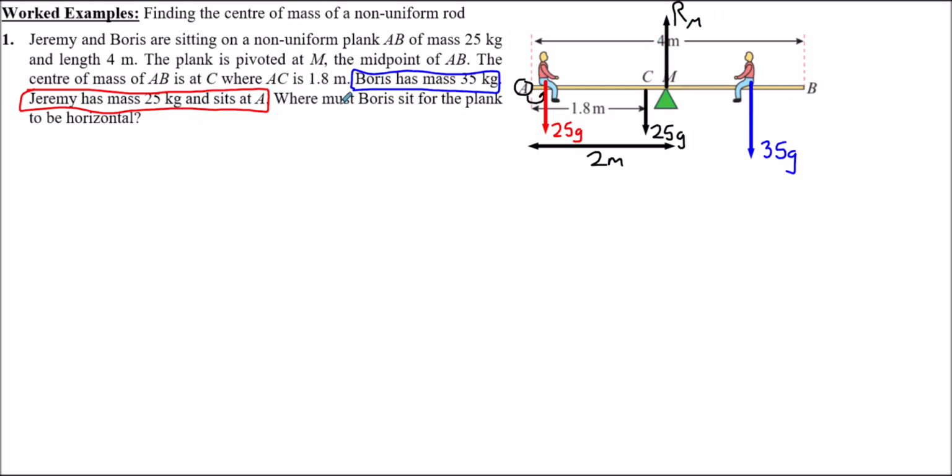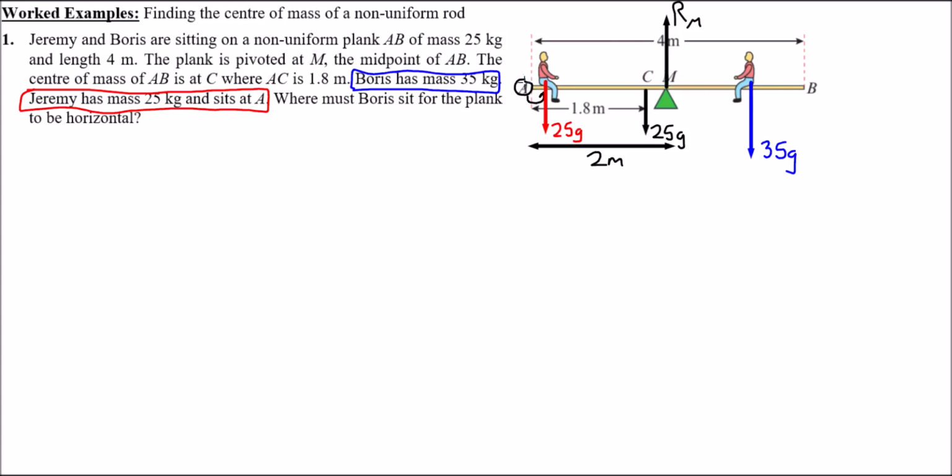The question ultimately just says, where must Boris sit for this plank to be horizontal? In other words, where must Boris sit for this plank to be in equilibrium? What I'm going to suggest doing here is we work out Boris's distance from the midpoint. Now, we could take moments about A, about C, about M, or about Boris.